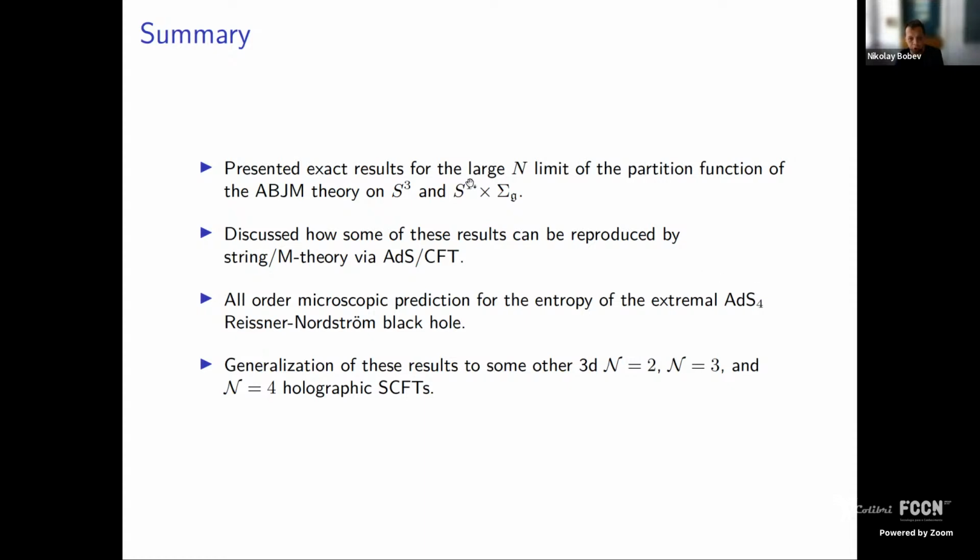This, in the context of this index, leads to a prediction for the entropy of extremal AdS4 magnetic black holes. And I showed you that all of this is not really specific to ABJM. It's valid for at least 5 or 6 other models that we studied. And I think it will be valid much more generally.